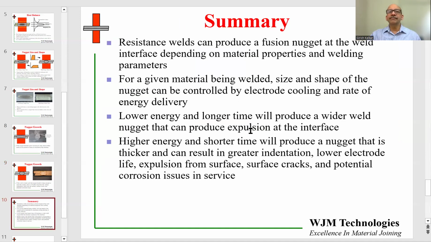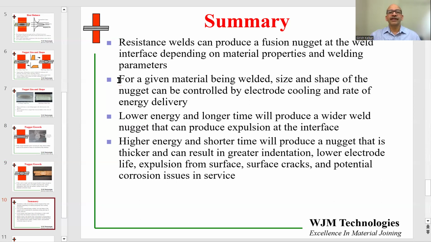So in summary, resistance welds can produce a fusion nugget at the interface depending on material properties and welding parameters. And I say can because there are situations where instead of a fusion nugget, you are actually making a solid state joint bond or a braze or a solder bond. And for that, you'll have to review a previous video that I have posted on this playlist.